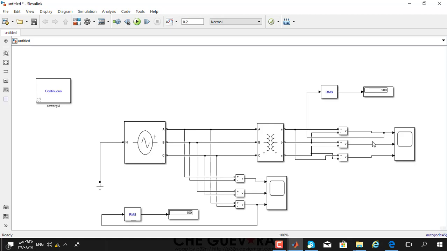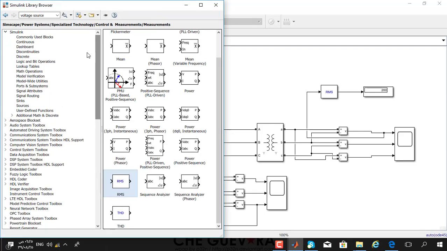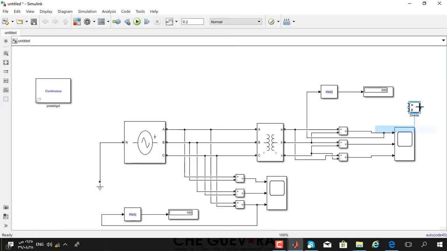Now this displays our line voltage, but if you want to display the phase voltage, or you want to know what's the value for the phase voltage, you can use something called divide, which you can find in Simulink math operations, this block divide.